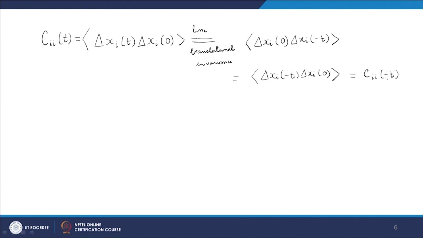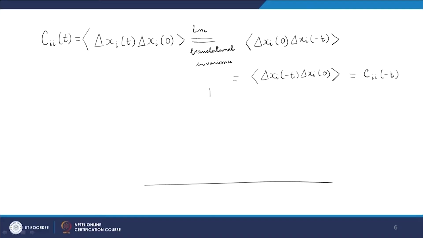That means the autocorrelation must be an even function. So, if I do plot the autocorrelation function, it should have the same value for positive time and negative time. There should be a mirror symmetry around t equal to 0.